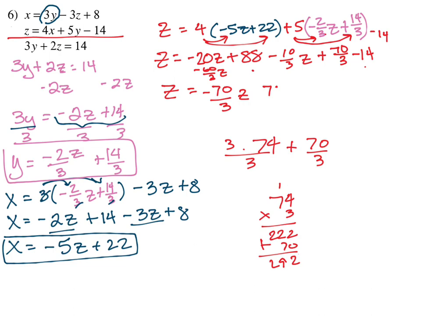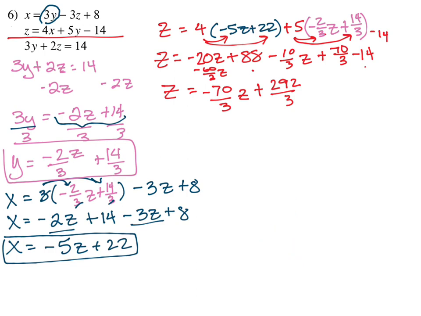This is about to get better, y'all. So plus 292 thirds. That's what I got when I did 88 minus 14 plus 70 thirds. Everybody okay? Y'all still breathing? But this is better than that. I told y'all, this is better.